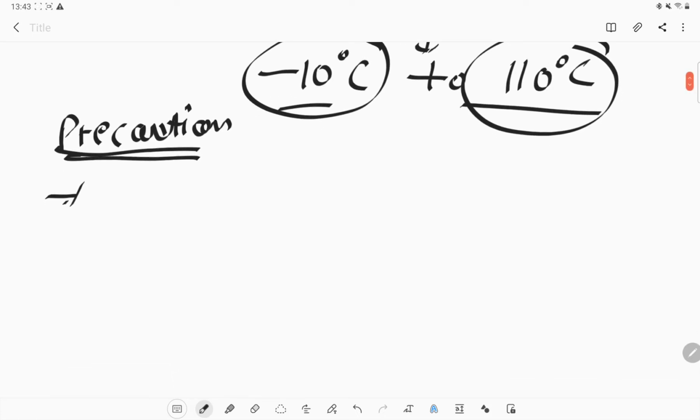We should keep some precautions for the laboratory thermometer also, like we should keep the thermometer upright. Okay, the thermometer should be kept upright. It should not be tilted. What else?